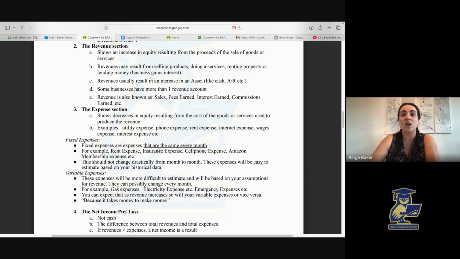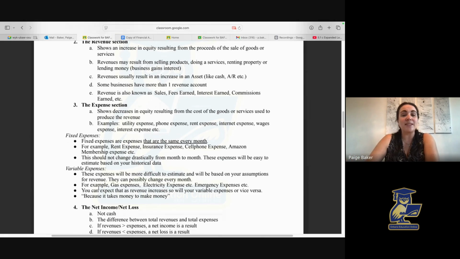Insurance expense, your cell phone expense, if you have an Amazon membership expense. So these are, again, amounts that are the same month to month. This should not change drastically. Sometimes things go up in price, rent typically increases each year, but it's not by a large amount. And again, it's not changing every single month.